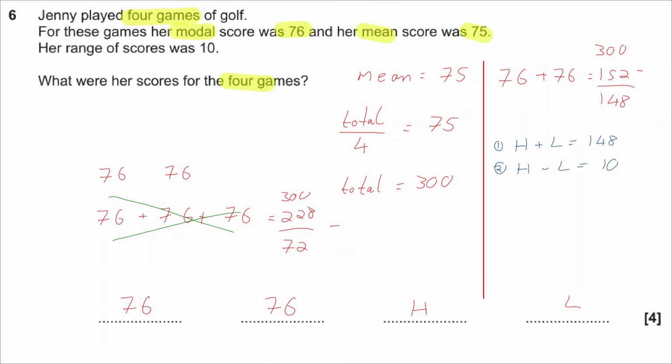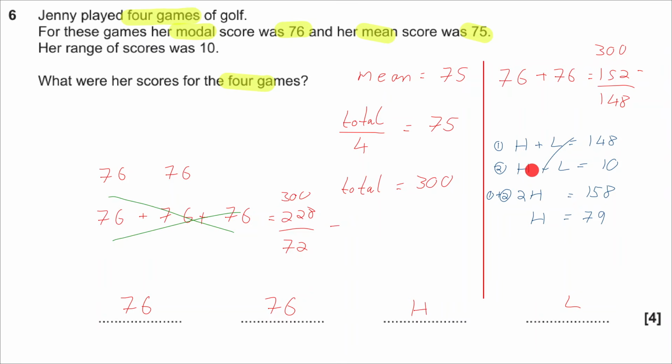If I add these together, these guys here are going to cancel. So equation 1 add equation 2, we get 2h, they cancel, equal to 148 add 10, which gives you 158. To get h, divide 158 by 2. So h is going to be 79.